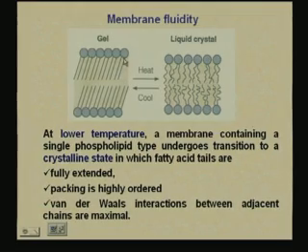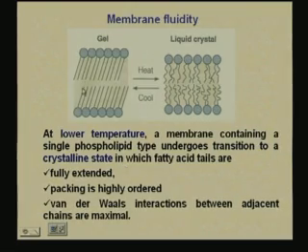Okay? And if we had a kink in the structure due to the presence of the cis double bonds, then this at some point would set into a specific form that would give on heating a transition that would result in a liquid crystal structure. So, at lower temperature, a membrane that contains a single phospholipid type would undergo a transition to a crystalline state.